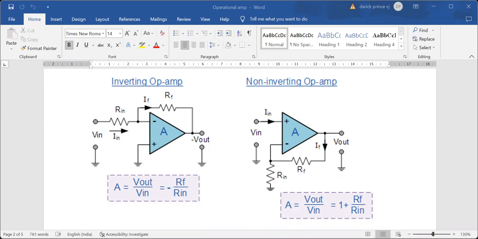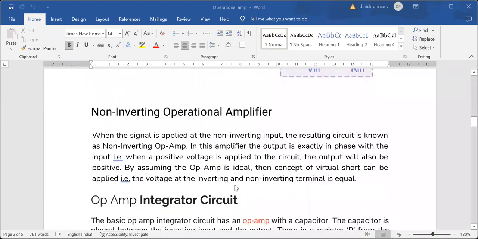Before the next type, we will see the materials I have made for the non-inverting operational amplifier. As I said, when the signal is applied at the non-inverting input, the resulting circuit is known as a non-inverting op-amp. In this amplifier, the output is exactly in phase, the same phase.